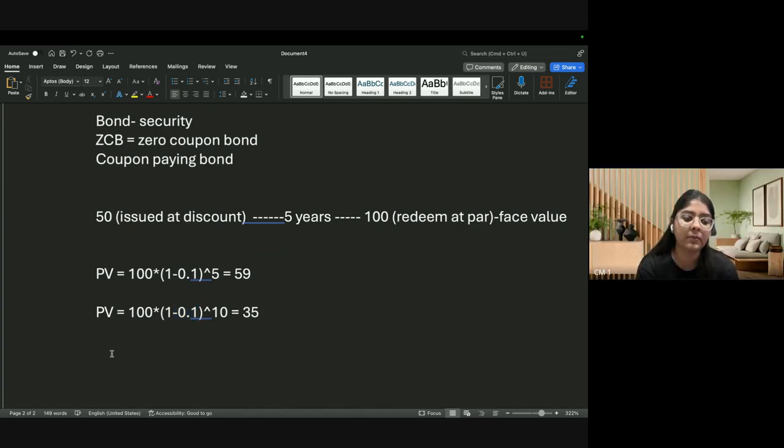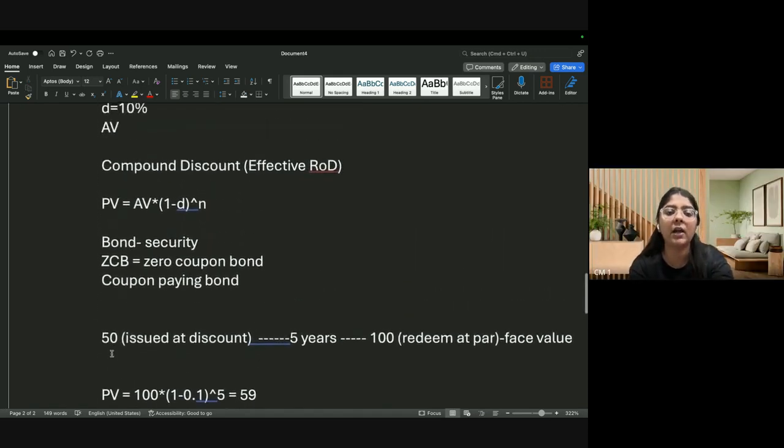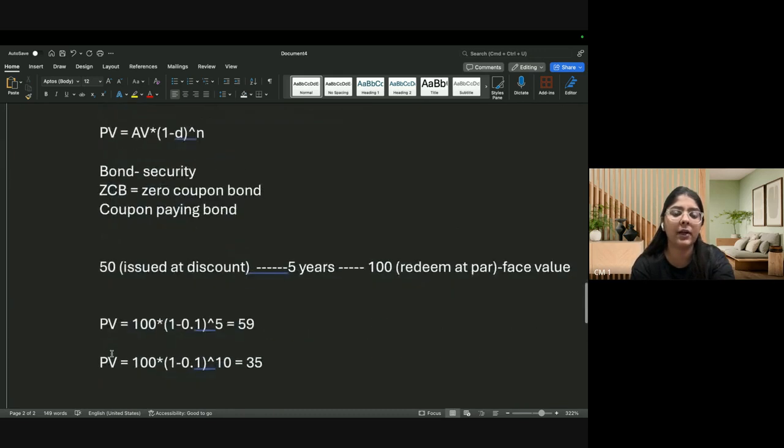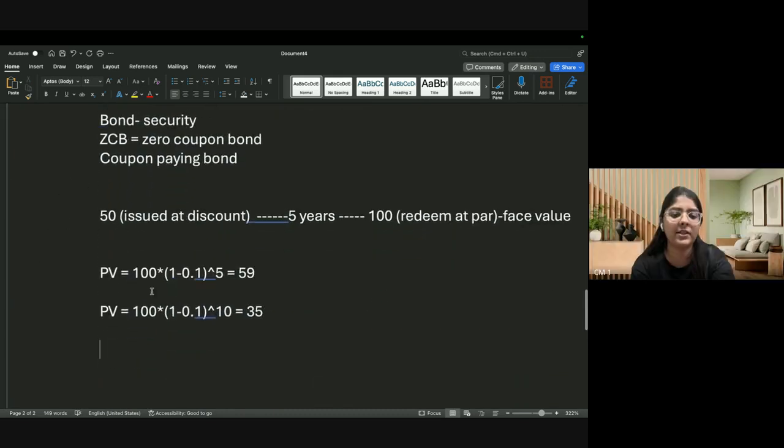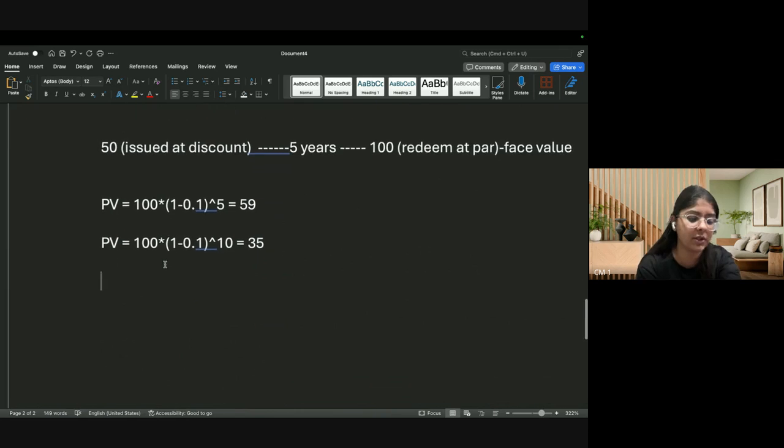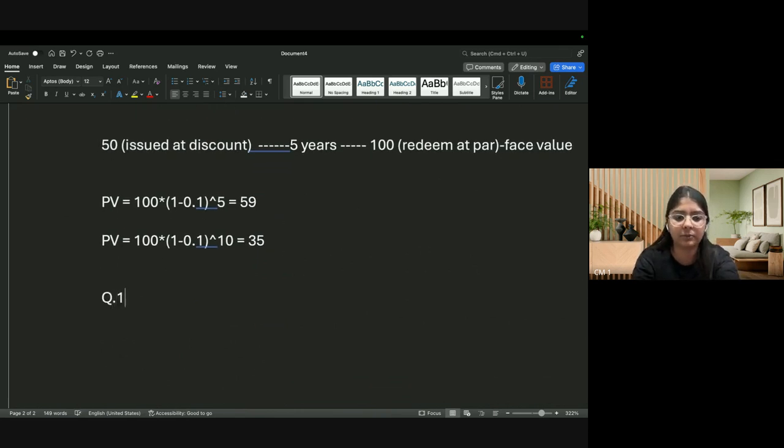Okay, understood? So we have done compound discount, all the compound, simple, interest and discount, and the different types of bonds. Let's do a question now. I will write down the question, or maybe I can dictate it and write only the main points.